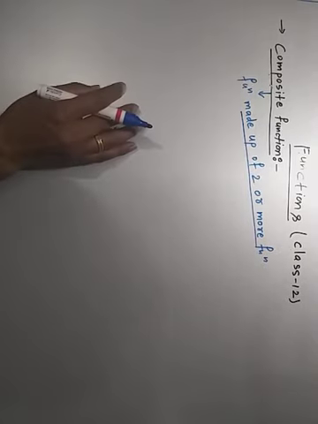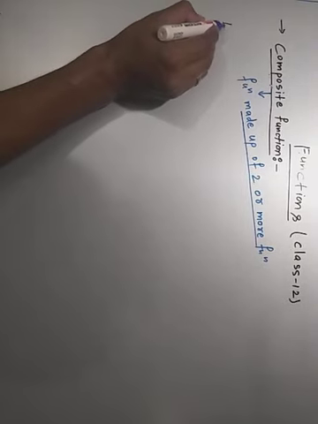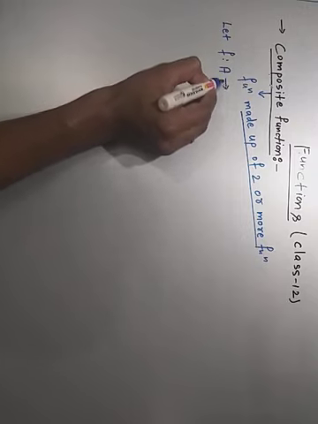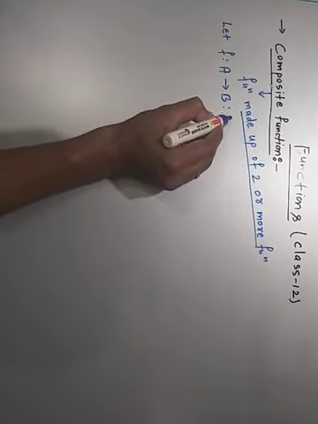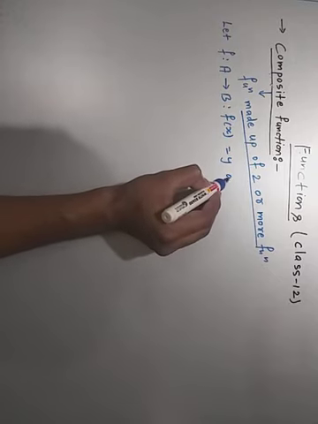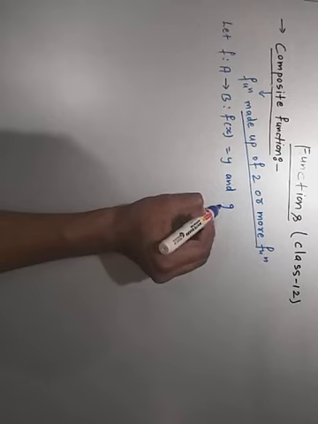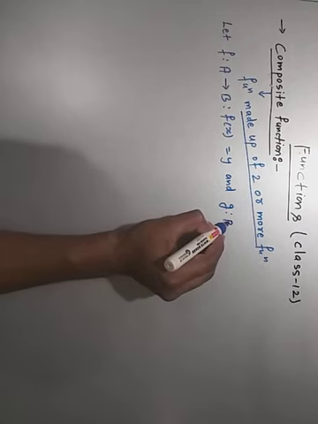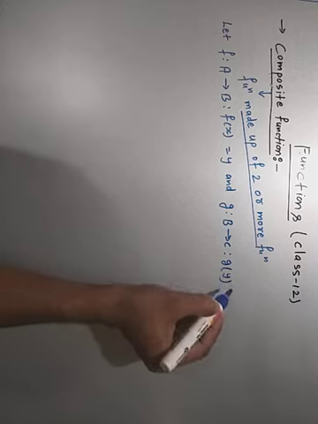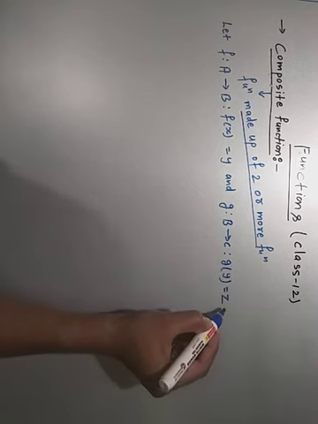उसके लिए हम सबसे पहले टू फंक्शन लेते हैं। Let f be a function defined from A to B such that f of x is equal to y, and g is a function defined from B to C such that g of y is equal to z.